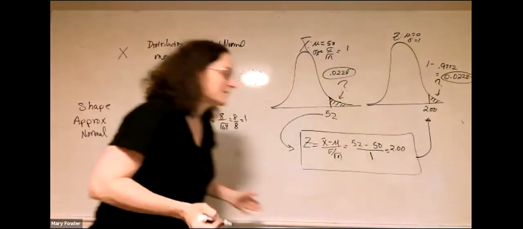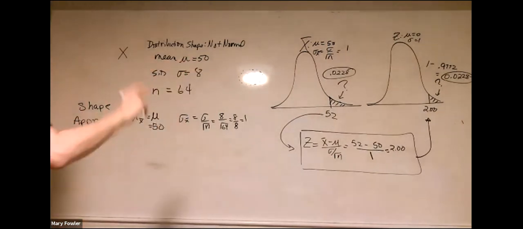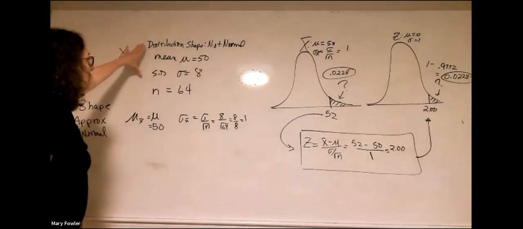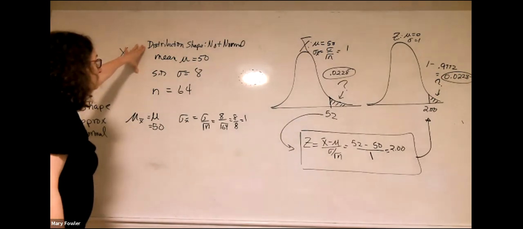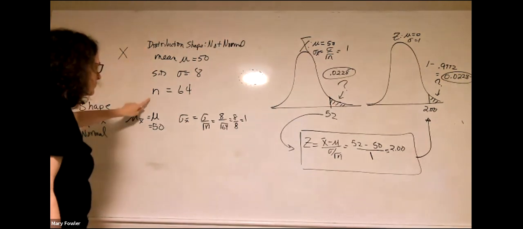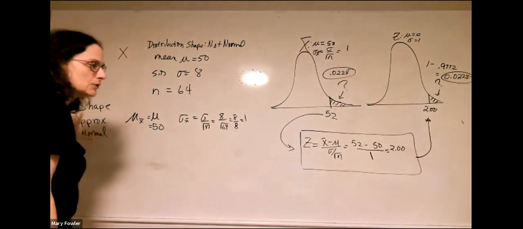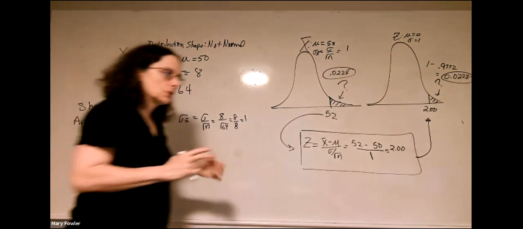Okay, so we see here, just to review the problem, a lot of moving parts, I guess. We are given the distribution of the parent population. We do not know that it's normal, so we'll assume it's not normal, with a mean, standard deviation, and a sample size. And we use the results of chapter 7 in the table in the notes.